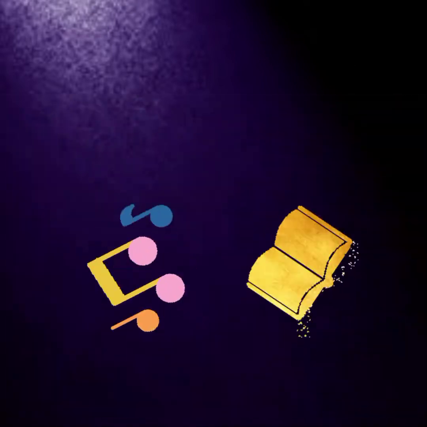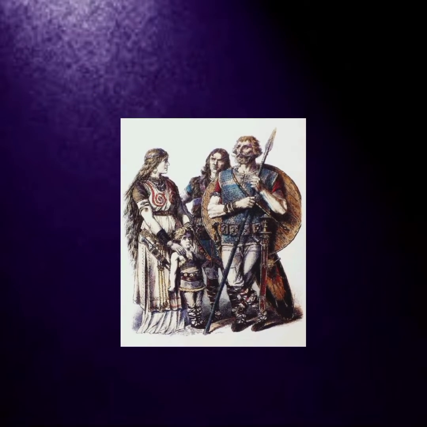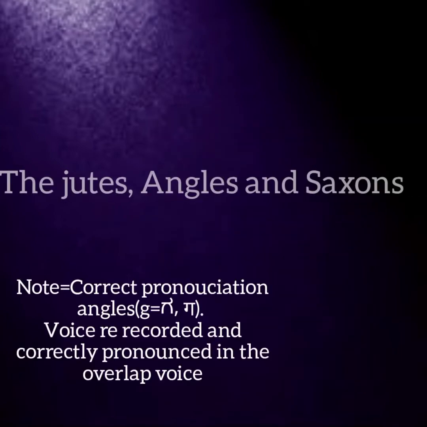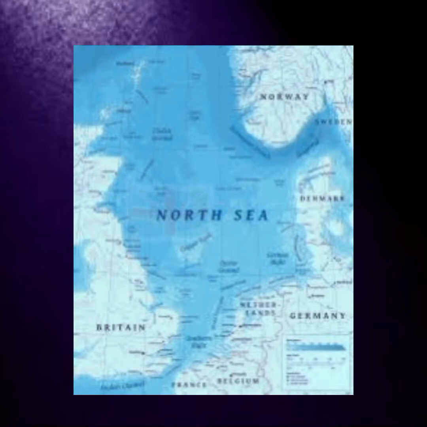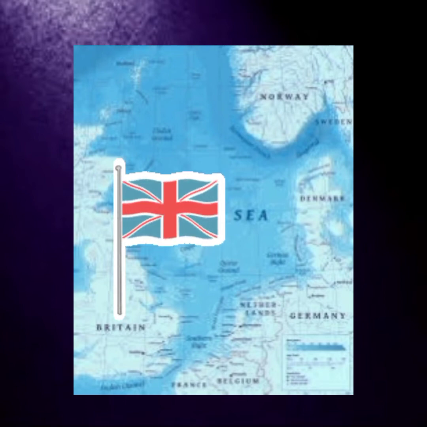It began with the songs and stories of the time when the Teutonic ancestors of the English people were living on the borders of the North Sea. The Jutes, Angles, and Saxons, the three tribes of these ancestors, conquered Britain in the later half of the 5th century and laid the foundation of the English nation.